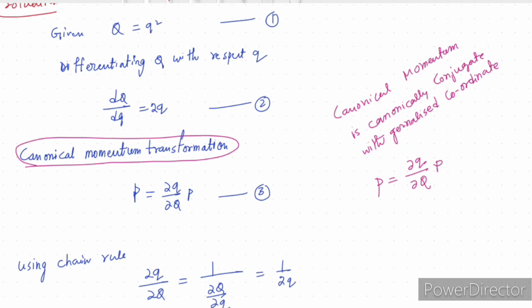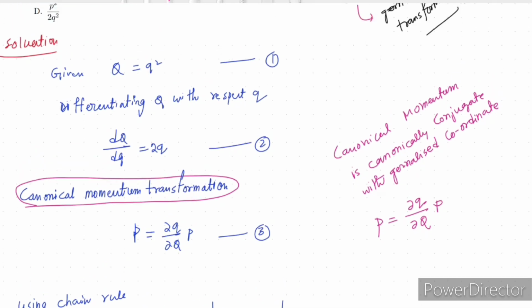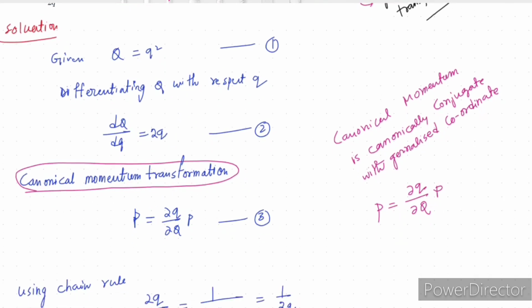So first of all, we calculate del small q upon del capital Q. Here the given transformation is capital Q equals q square. Differentiate capital Q with respect to small q: dQ upon dq is equal to 2q.